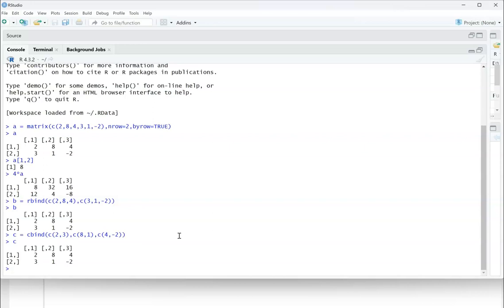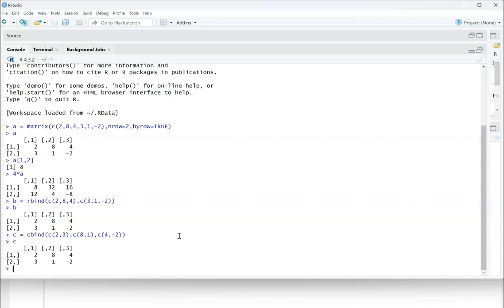Notice I've typed in the exact same matrix 3 times, just 3 different ways. The column bind one is nice if you want to start augmenting things. Maybe you've already typed in a matrix and you want to add an extra column. You can just do the same. So say I wanted to add a 4th column to C, doesn't matter what it is.